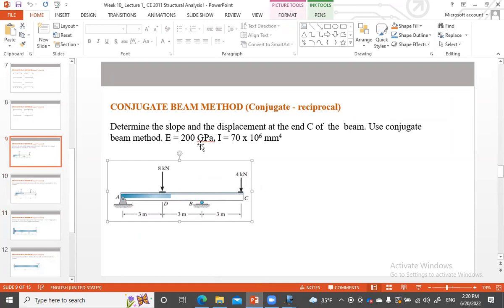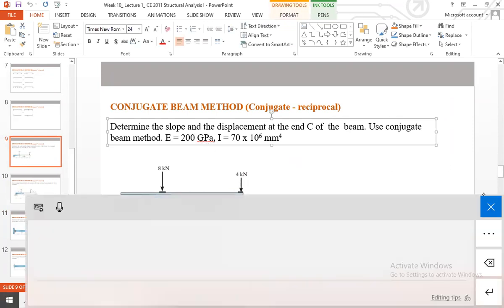Now, let us try substituting the correct values as well.